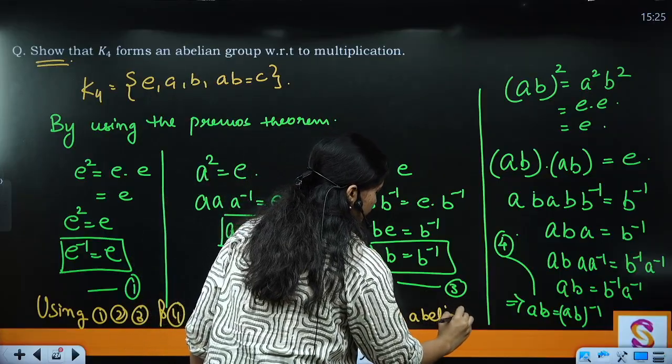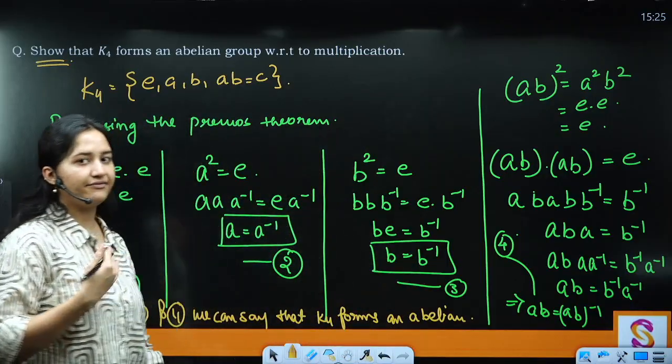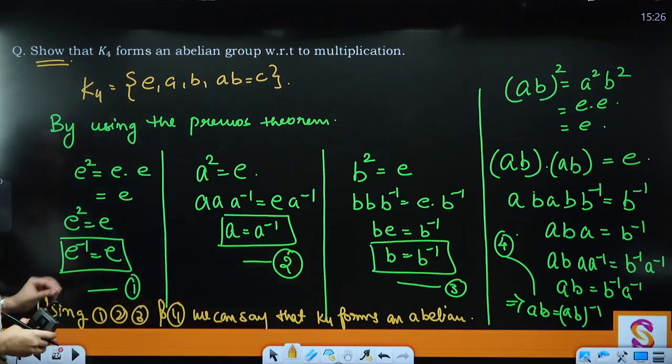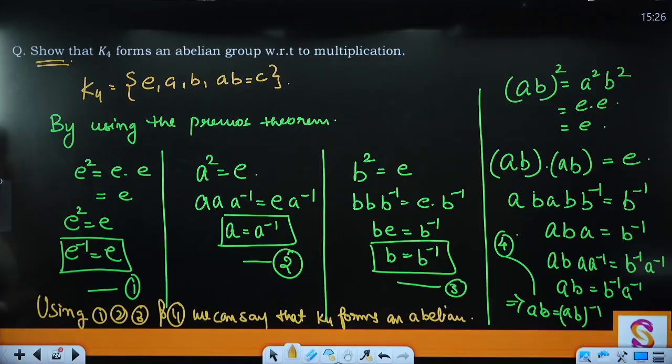Why? Just add one statement, that since every element of K4 is self-inverse. Clear? Chalo. Let's move on to the next question.